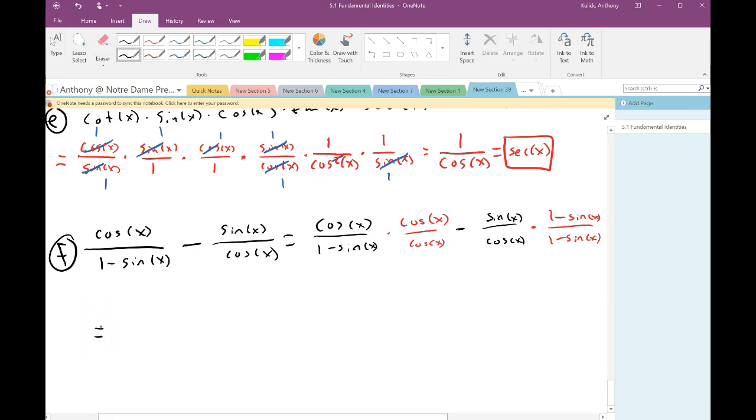Just making common denominators is all we're doing right now.